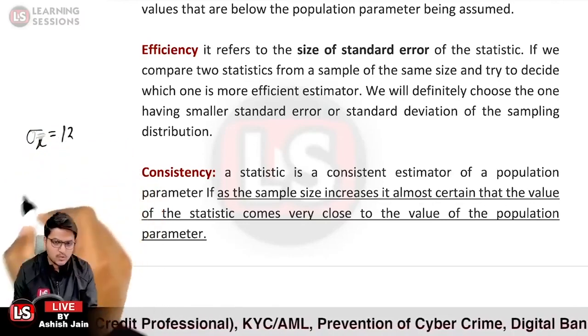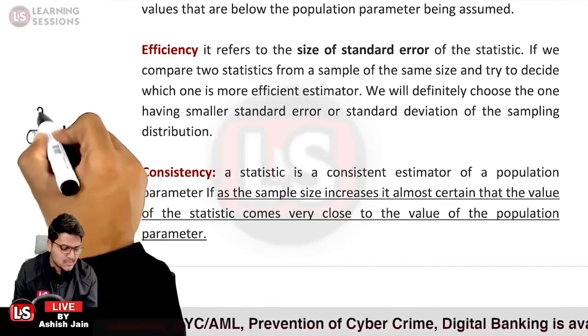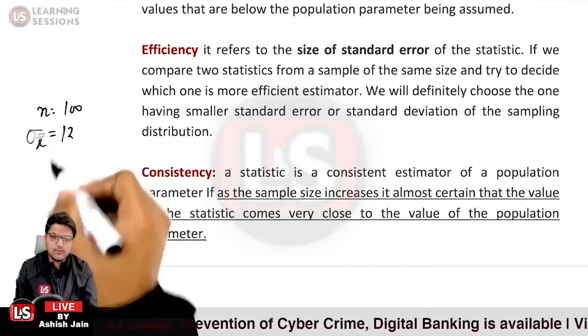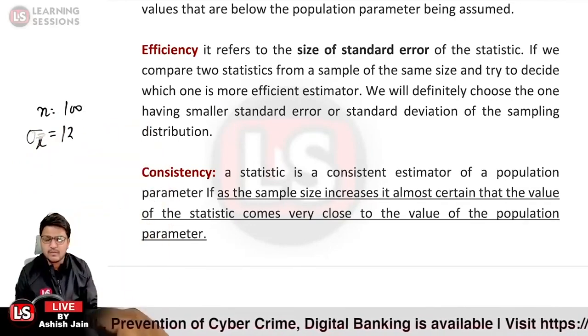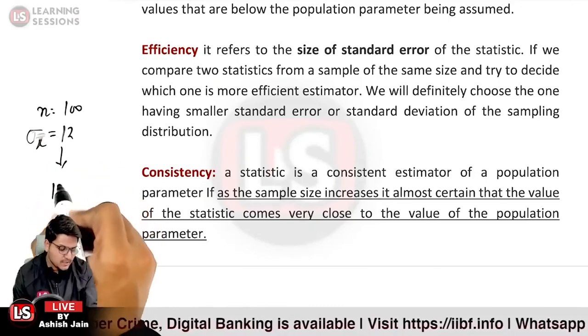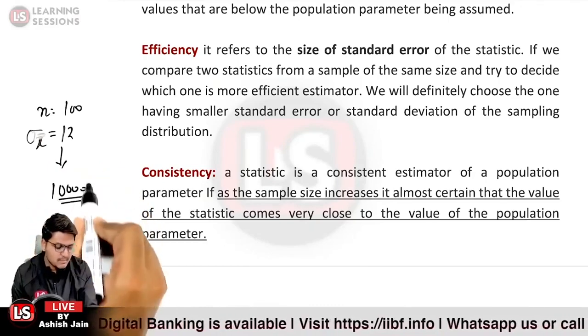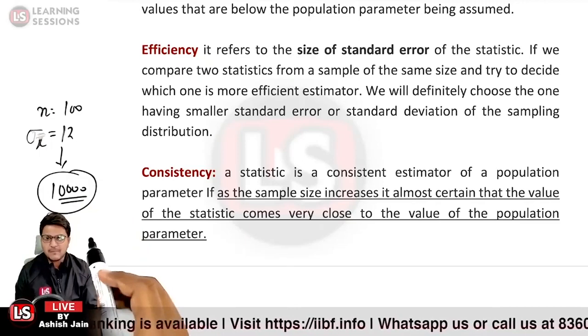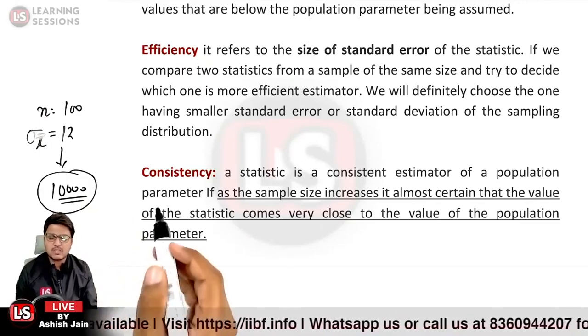Previously the sample size small n is equal to 100 out of 1 lakh entities. When we increase the sample size to 10,000, our standard deviation must be lowered.